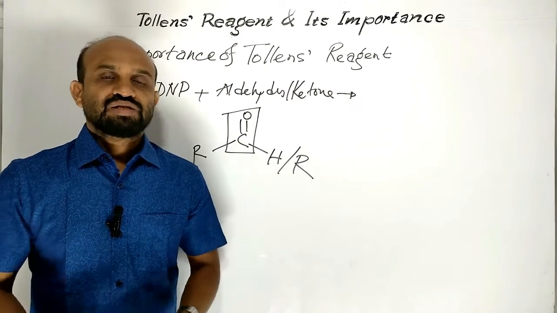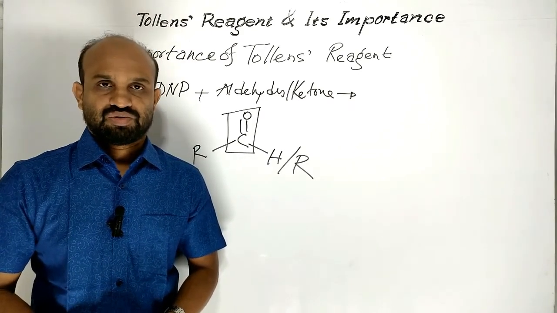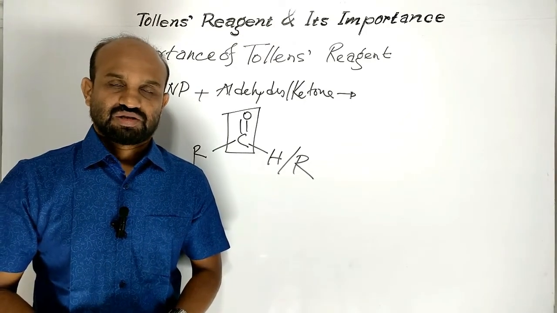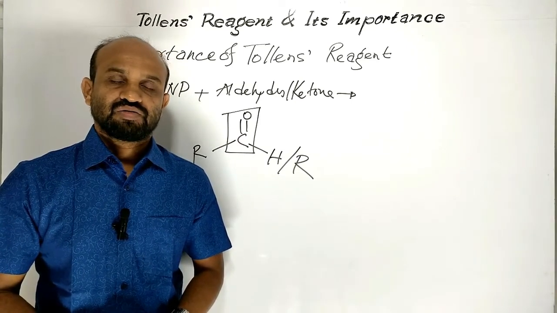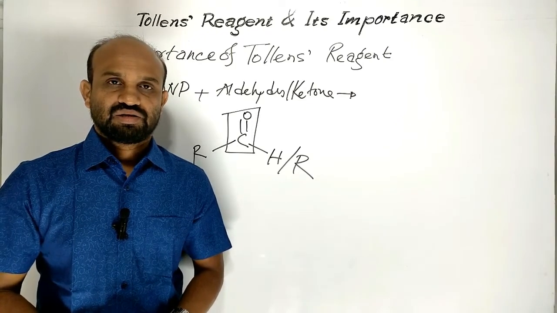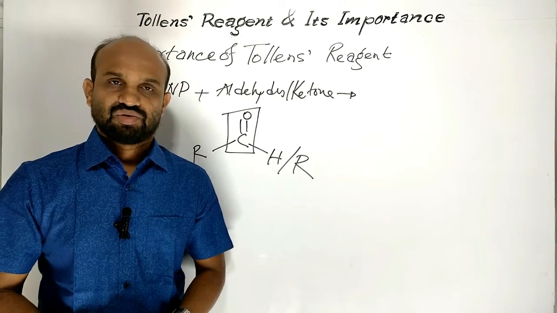Here, Tollens reagent is used to distinguish aldehydes from ketones. This is the main importance of Tollens reagent, to differentiate aldehydes from ketones. Tollens reagent reacts with aldehydes, but Tollens reagent doesn't react with ketones.